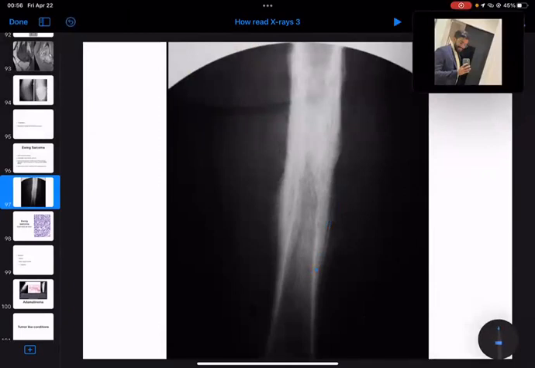The onion peel sign: the periosteum makes a layer like an onion skin, layer over layer. The idea is that the Ewing sarcoma is trying to go out and the periosteum is trying to contain it in. The periosteum is failing and the tumor is going out anyway.